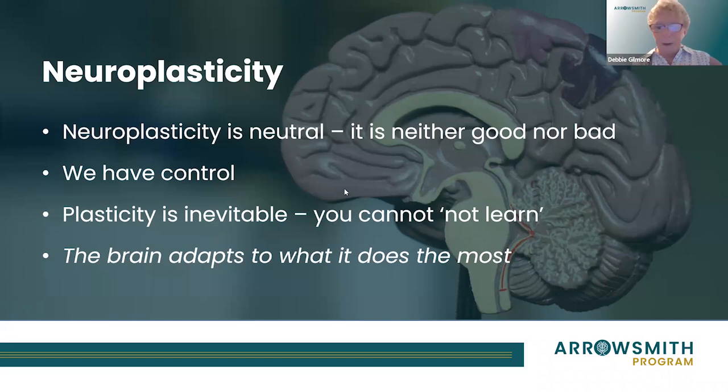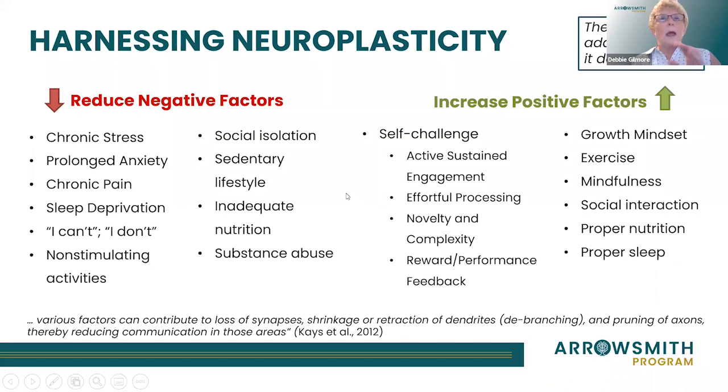So what does that look like? We have control over things in our lives that can be a negative factor on our brains, or a positive factor. So on the screen there, what you'll see is what we need to do probably.